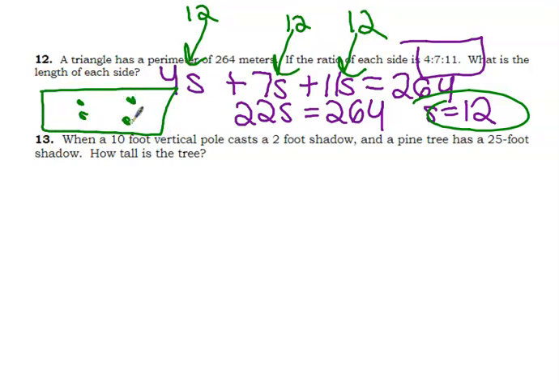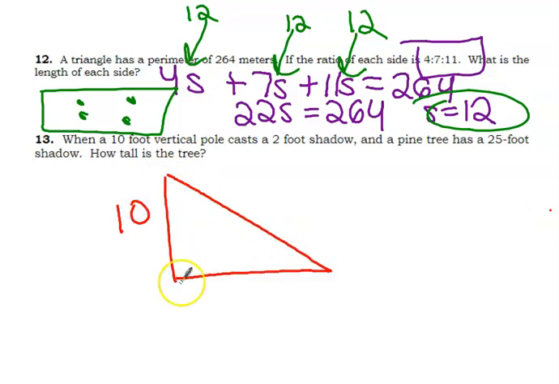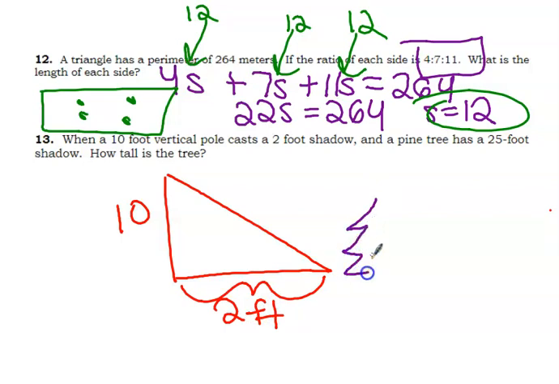So when a 10-foot vertical pole casts a 2-foot shadow, I sense a picture, people. And a pine tree has a 25-foot shadow. How tall is the tree? 10-foot vertical pole casts a shadow. So here's my shadow of 2 feet. And a pine tree, here we go.